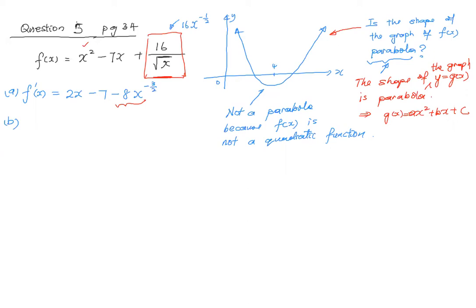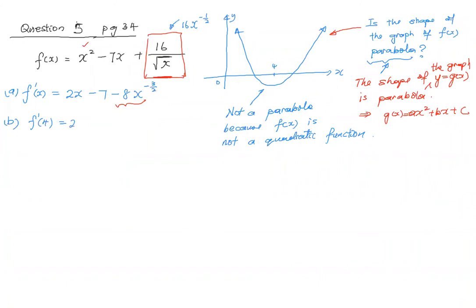Hence means you definitely have to use part A. Hence show that the tangent to the graph at x equal to 4 is horizontal. Substitute the value of x into f prime x. Correct. So I look for f prime 4.